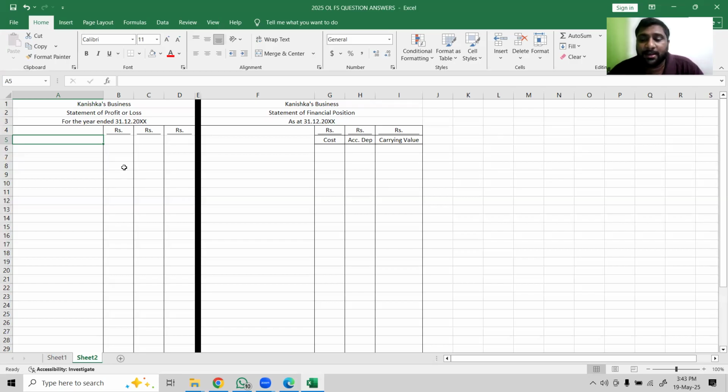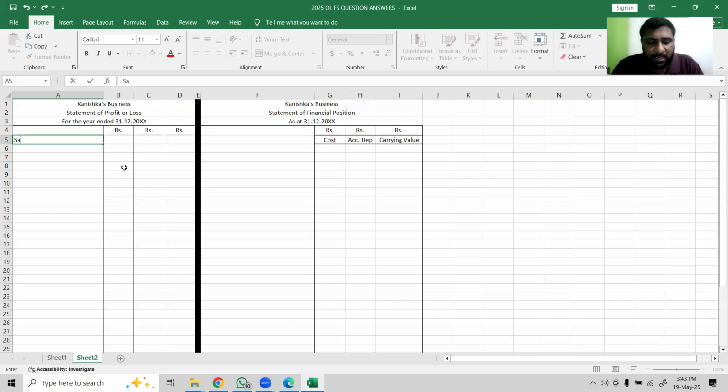Don't even look at the adjustments. Simply what you should do is look at the trial balance and finish off whatever the item which is there in the trial balance. Complete everything which is there in the trial balance. Then move to the adjustments. Adjustments, I told you, always every adjustment should go to 2 places.